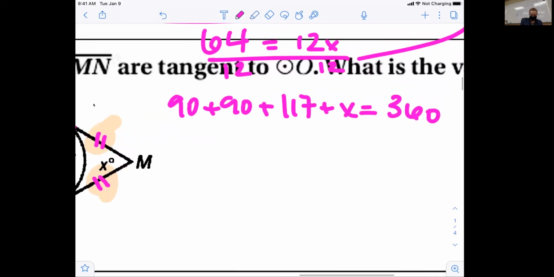So I'm going to add 90, 90, 117. I'm going to subtract that from 360. Can someone do that for me? Add 90 plus 90 and 117. You got it. 297, and then we subtract that from 360.